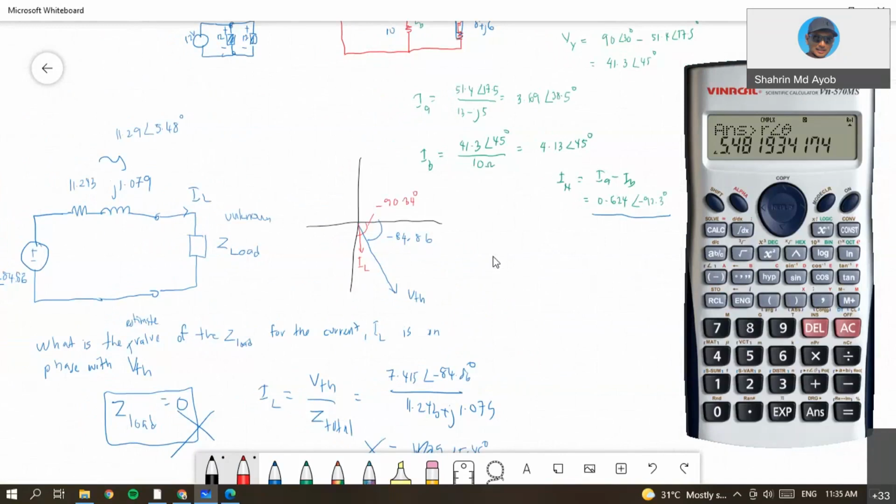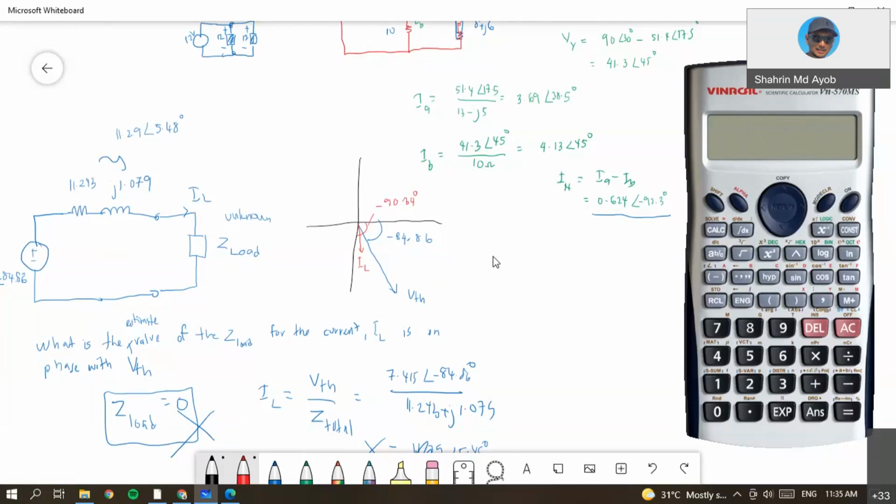Still, IL and VTH are not in phase because there is a different angle: negative 90 versus negative 84. So if you set Z load to 0, your answer is not correct.